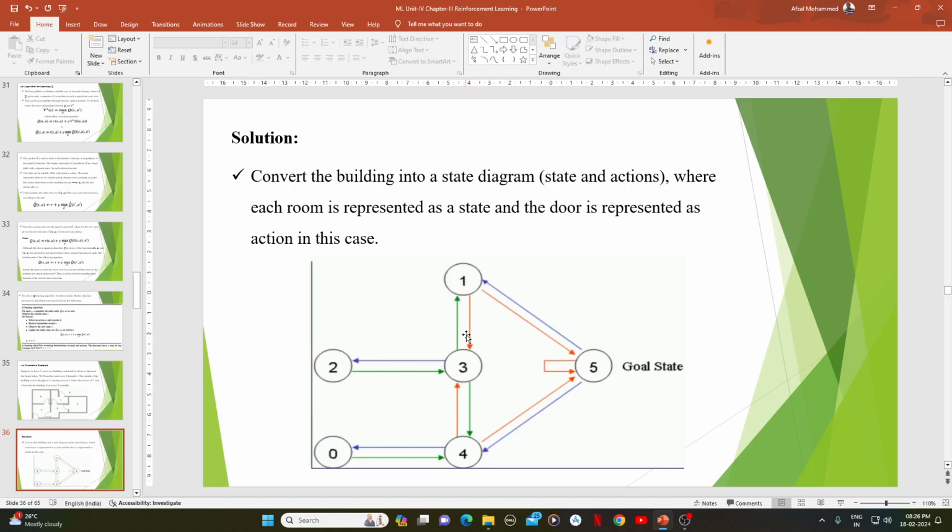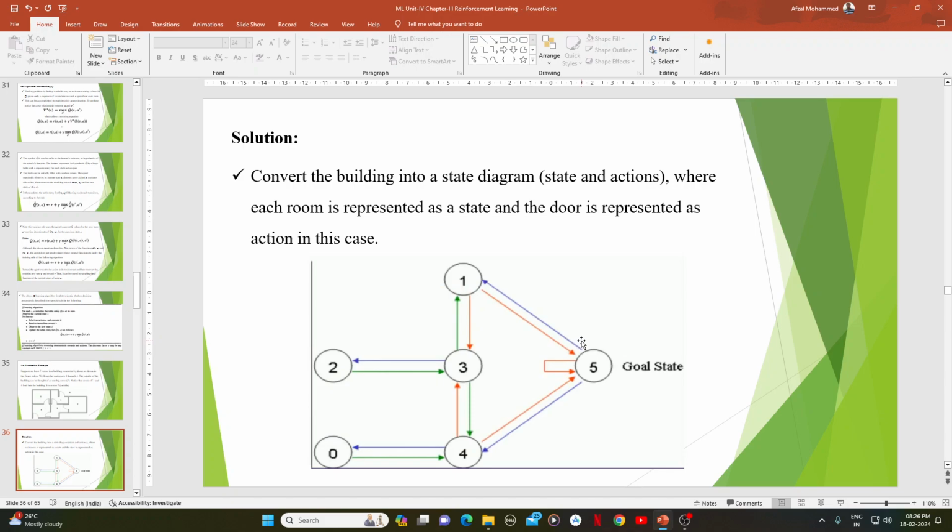Coming out of that room is possible through that door. If the agent comes out of room 1 using this particular door, it will enter room 3. If it comes out of room 1 using this other door, it will go outside.